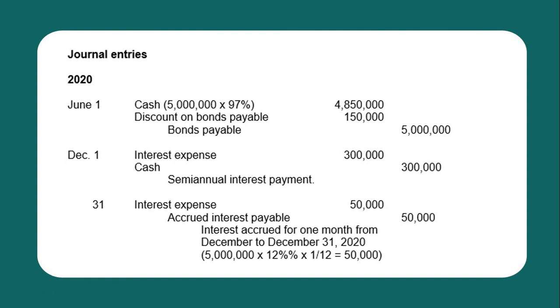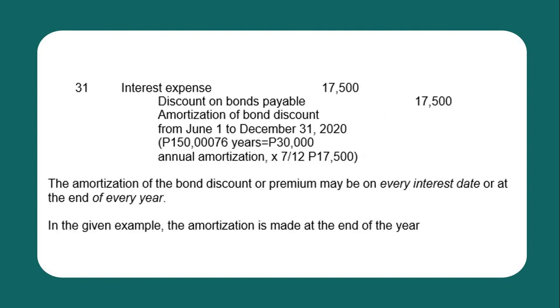Before we proceed to the next year, what we will do next is the amortization of the discount. When we amortize the discount on bonds payable, it is charged to interest expense, so we debit interest expense and credit the discount. How do we compute the amortization?